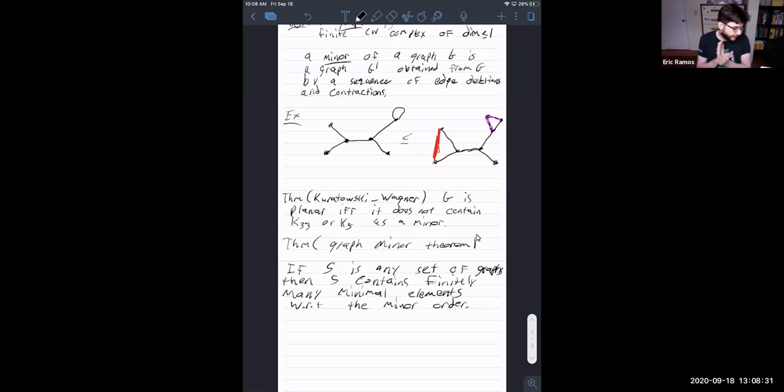It was proven by Robertson and Seymour over the course of 20 years. It was 20 papers, the theory of graph minors part 1 through part 20, published in order, all in the same journal over the course of 20 years. Even if the results were not good, that would be an incredible accomplishment, but of course the ultimate result here is pretty incredible.